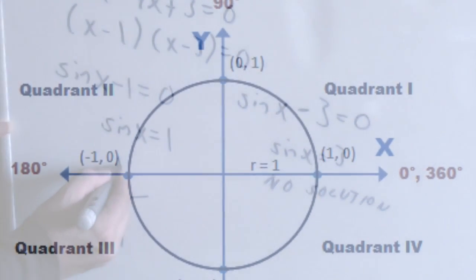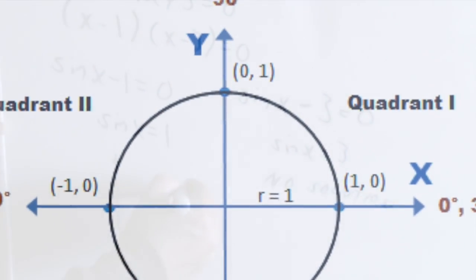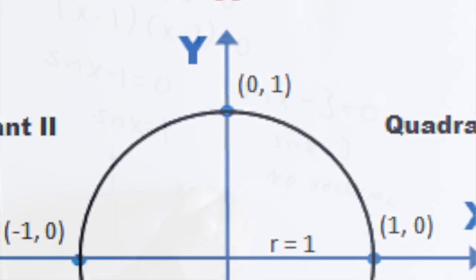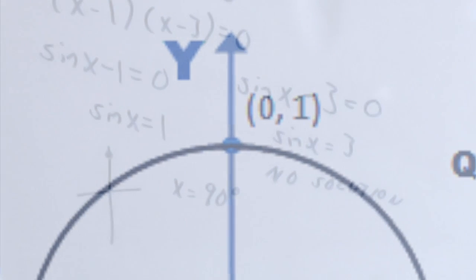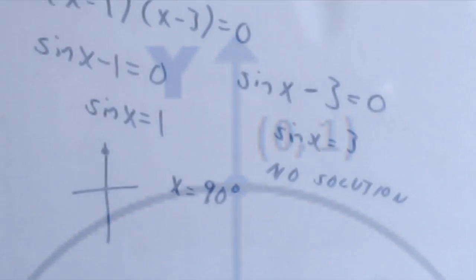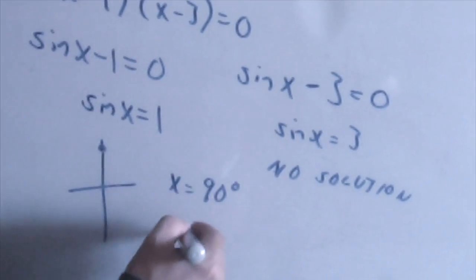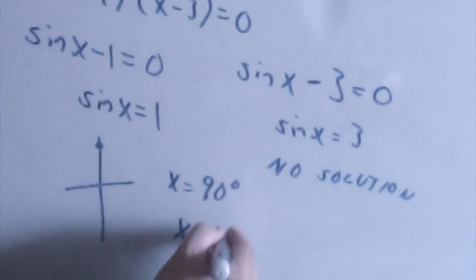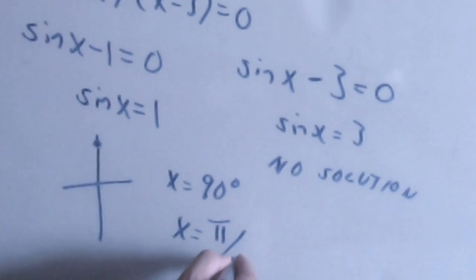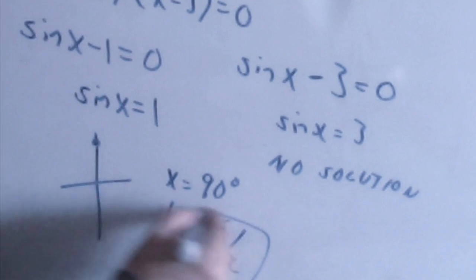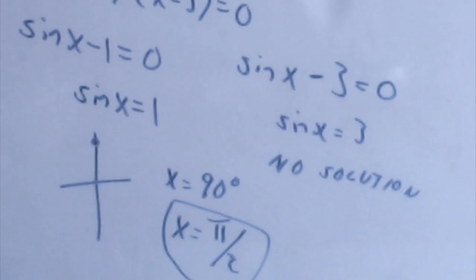Sine of x is 1 at the 90-degree angle, so x equals pi over 2. Remember your answers in radians.